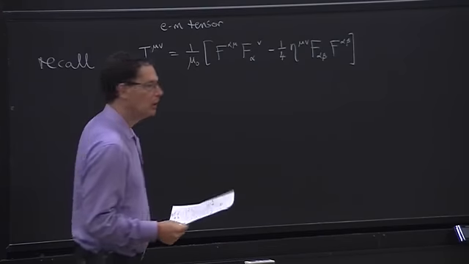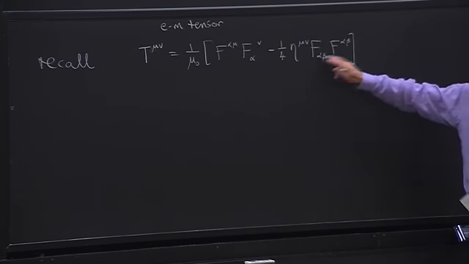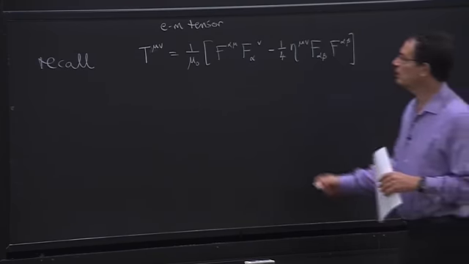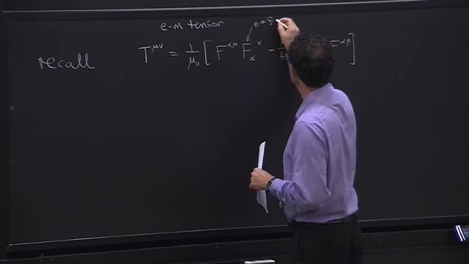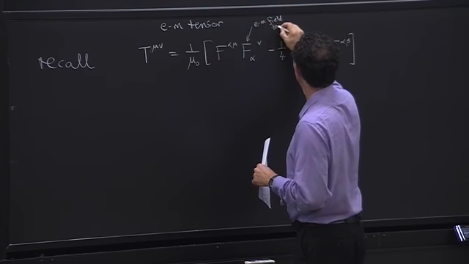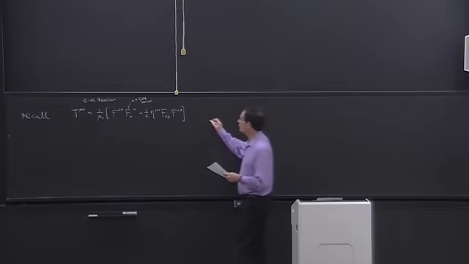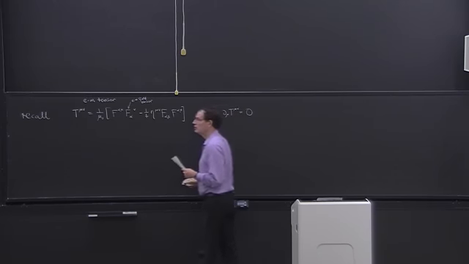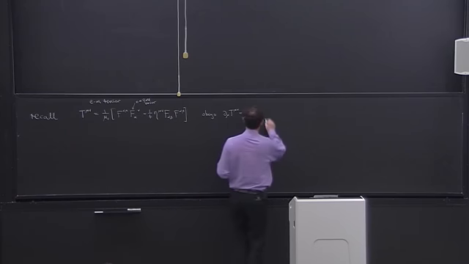What we showed is that if you construct this quadratic quantity out of the electromagnetic field tensor, this is the energy momentum tensor, this is the electromagnetic field tensor. I'm afraid it's the same symbols. If you construct this quantity, then it obeys d mu T mu nu equals 0 using the Maxwell equations with no currents.